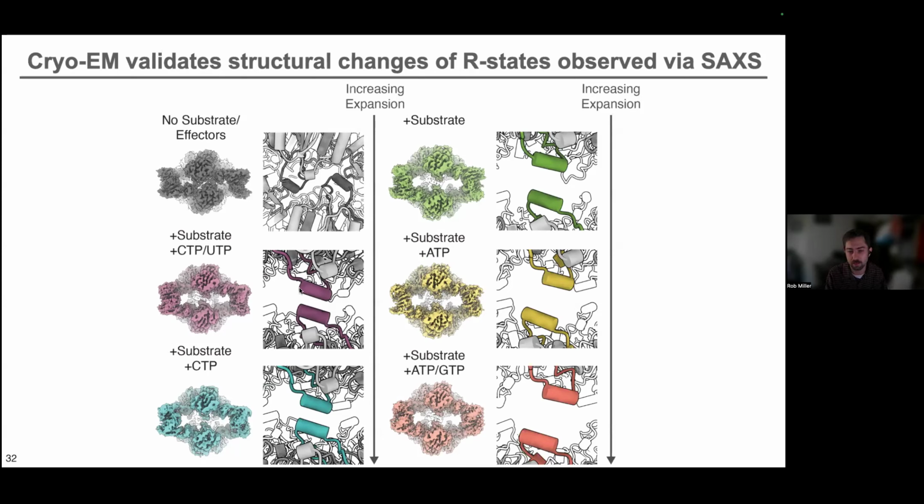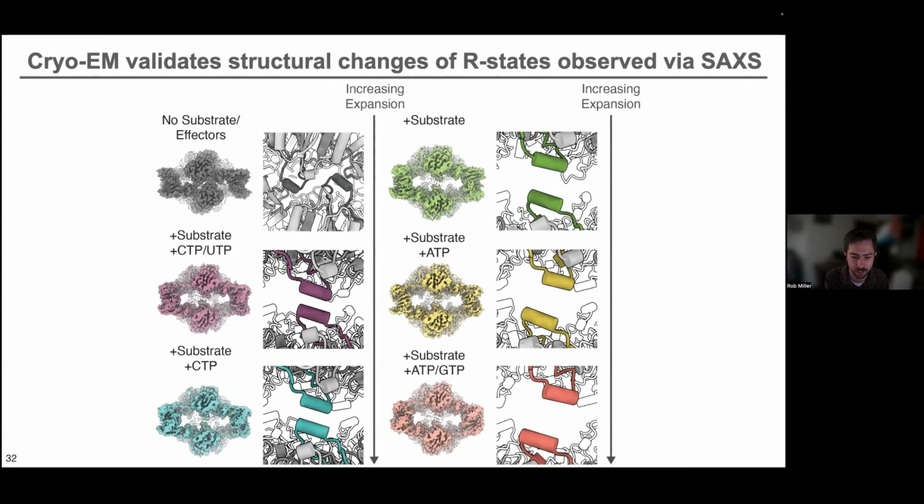But what's more is when we compared across all of our expanded enzymatically active R states, we noticed that the degree of structural expansion was a function of the identity of the bound nucleotides. And I think this is more clear if we look at the separation between the two catalytic trimers. The structural element that sits between those two catalytic trimers is actually this 240s loop that I had mentioned earlier on.